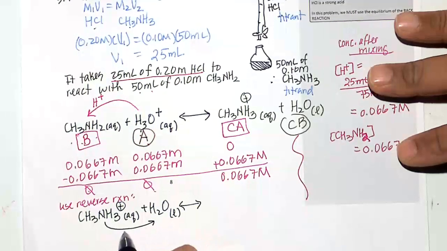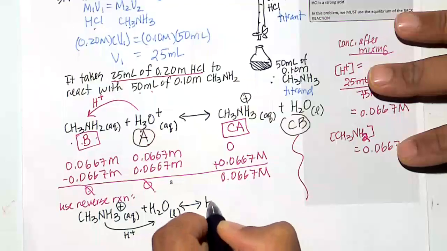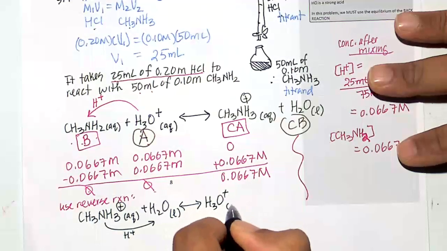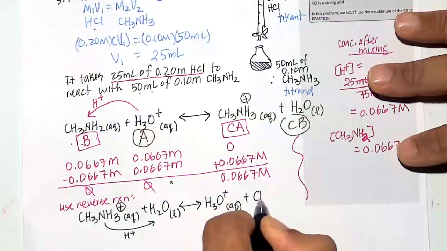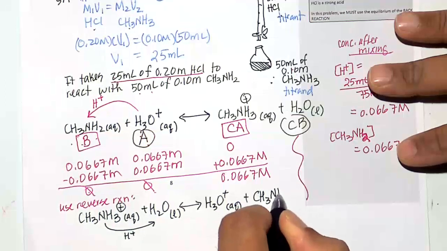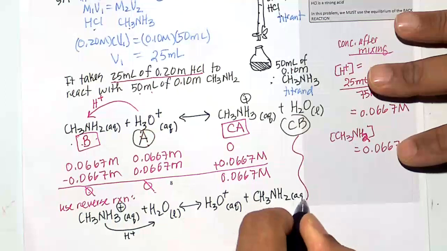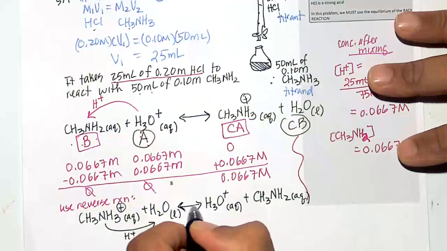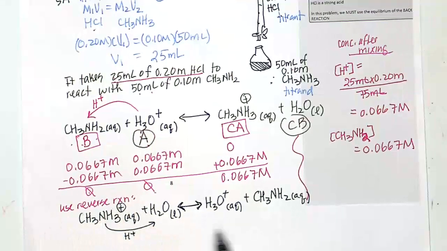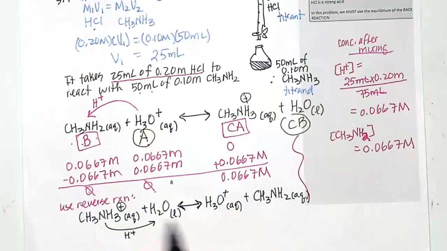This is going to donate the proton, giving us H3O plus and CH3NH2 aqueous. Does anybody know what type of reaction this is? What type of K is this?